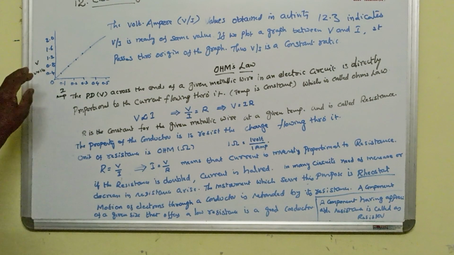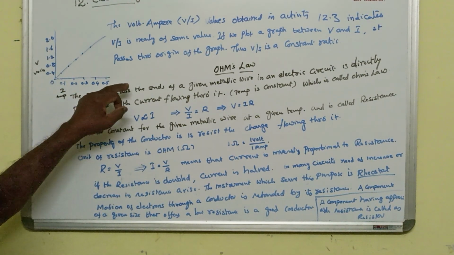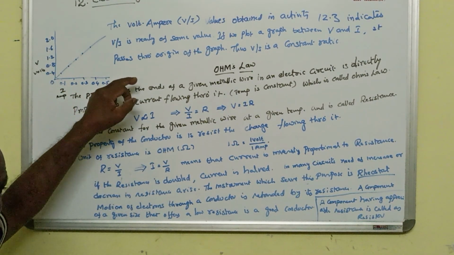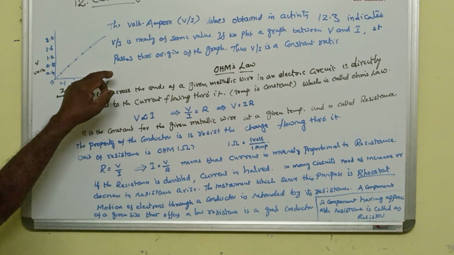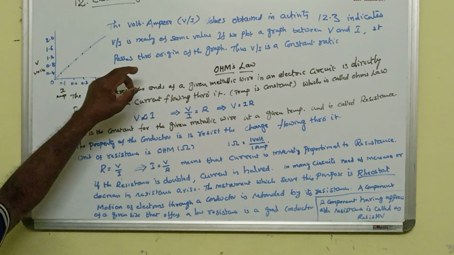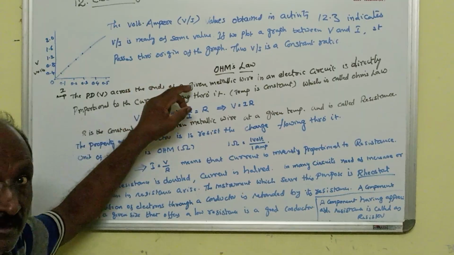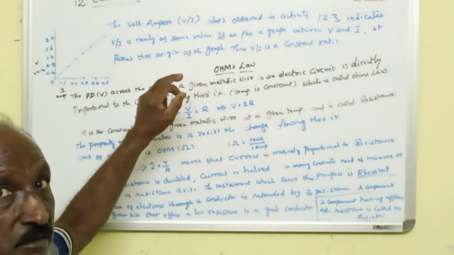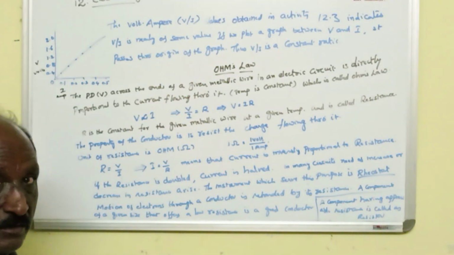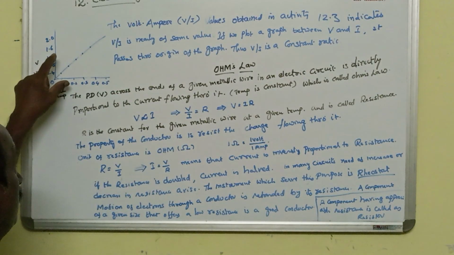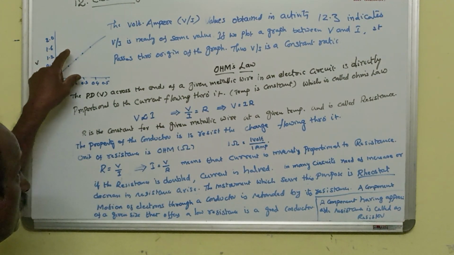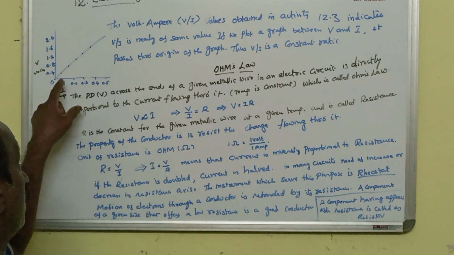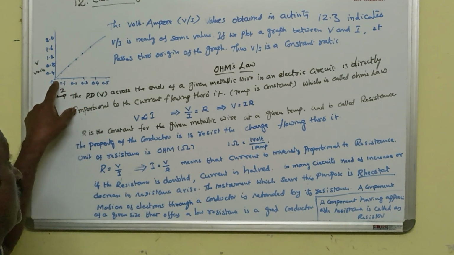Okay, so we have plotted a graph here based on the findings from the experiment we conducted in the physics laboratory. The graph is a straight line passing through the origin.